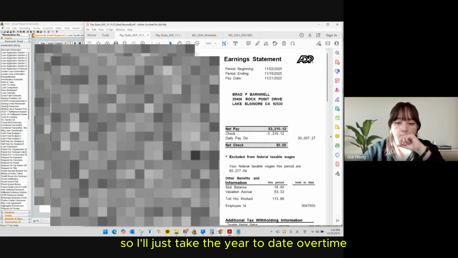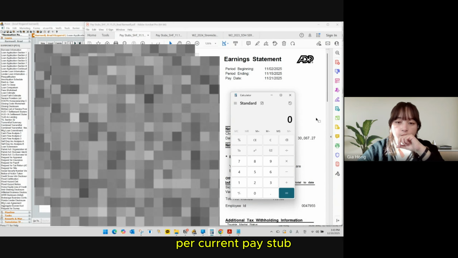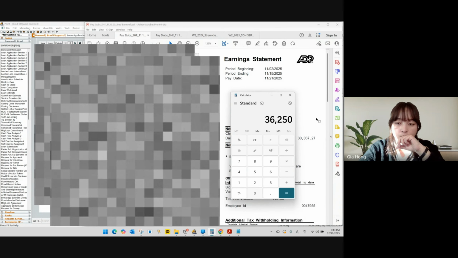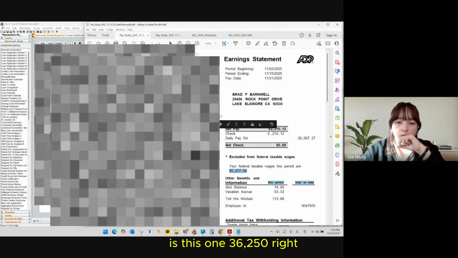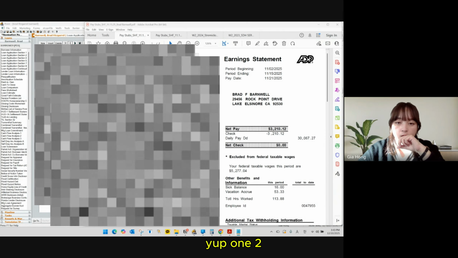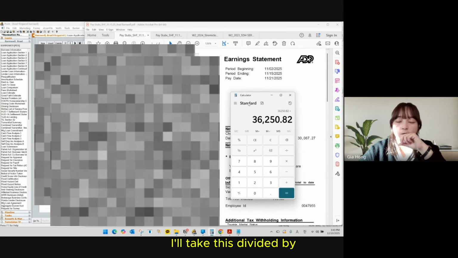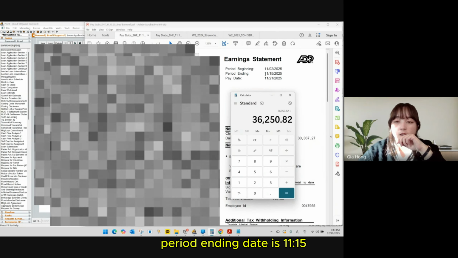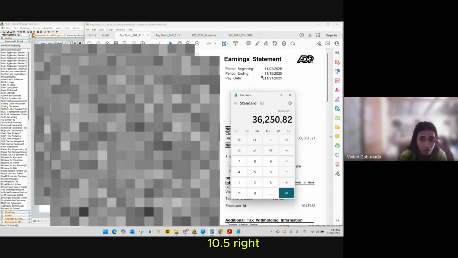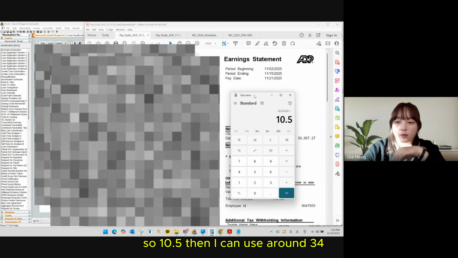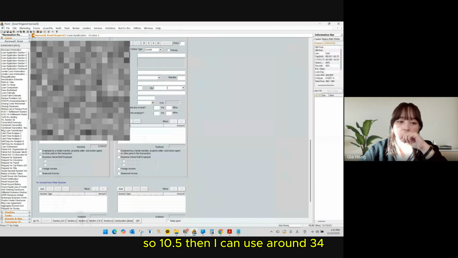So I'll take the year-to-date overtime per the current pay stub. Overtime year-to-date is 36,250, right? Yep. I'll divide this by the period ending date, 11/15, so it's 10.5 months. Then I can use around 3,400.